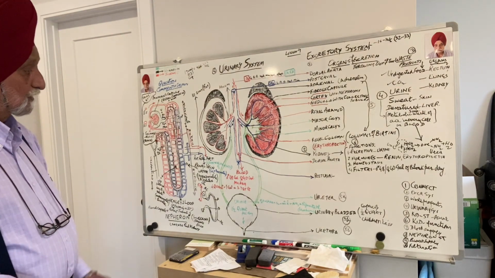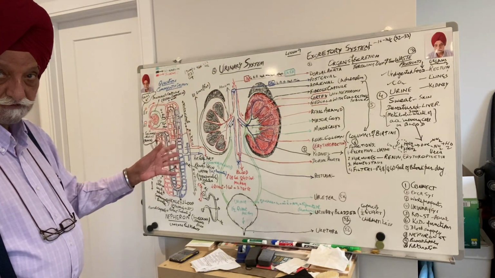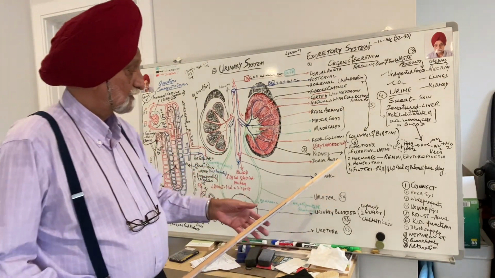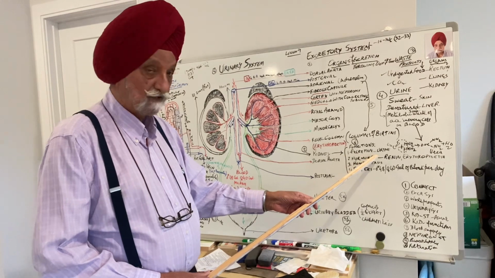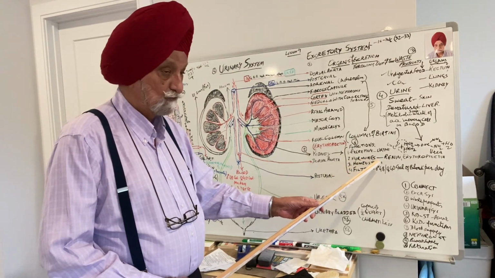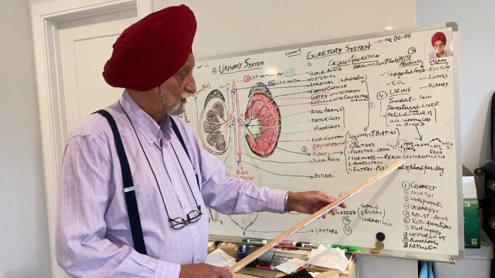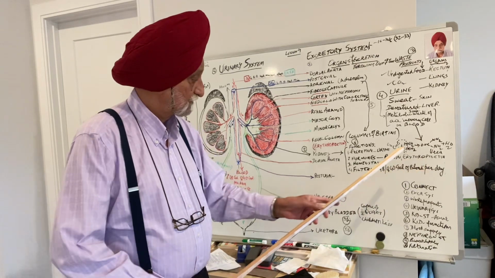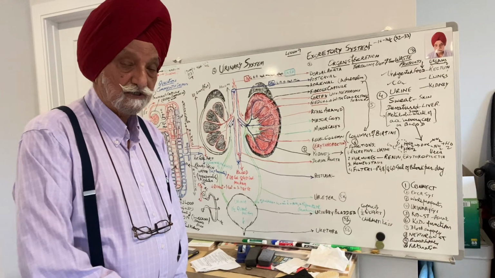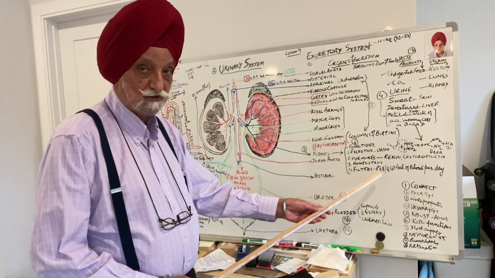Now, the main functions of the kidney, in addition to separating the urine, to which I will be coming, are excretion of urine or filtration of urine from the blood, and then movement of it. It produces certain hormones, renin and erythropoietin, and then it controls the concentration of the blood and the homeostasis. It's called homeostasis.